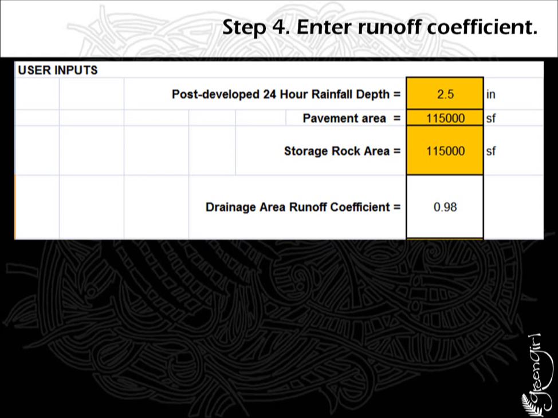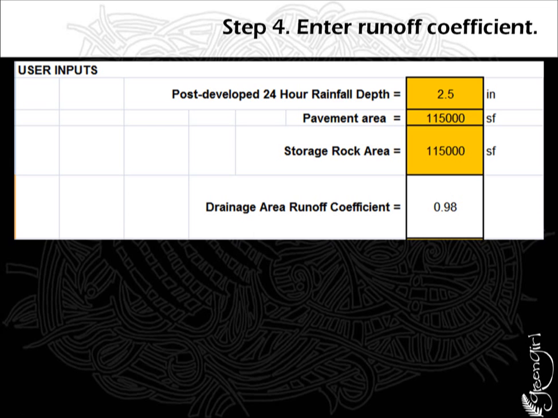So I just assume that 98% of the rainfall that hits the pavement is going to make it into the rock below. So this is a proxy for what's happening. We don't have runoff. We're managing rainfall with porous pavements, but we're using this model as a way to say, okay, 98% of the rain that's hitting the pavement is going down into the base rock.